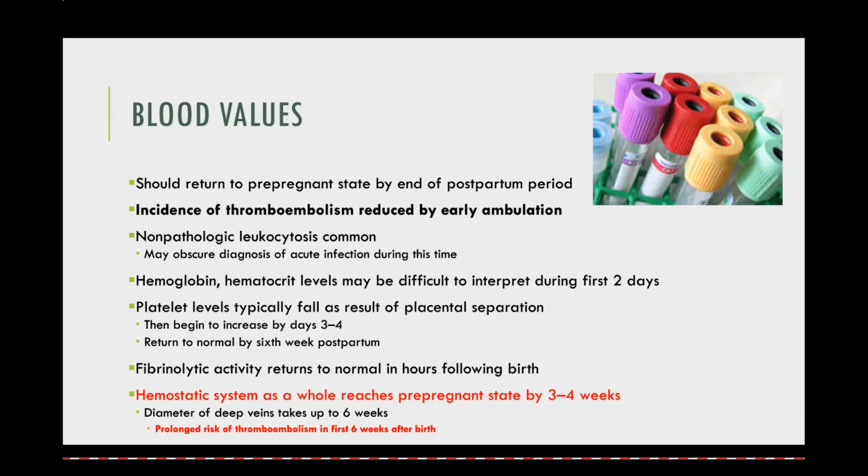So even though our hemostatic system is getting back to a pre-pregnant state around 3 to 4 weeks, our deep veins remain sort of vasodilated, I guess, and that creates this risk of pooling of blood that can put your patient at risk for DVTs.